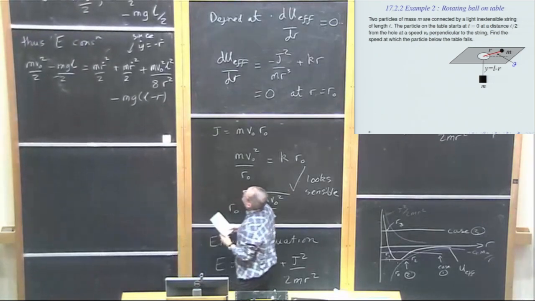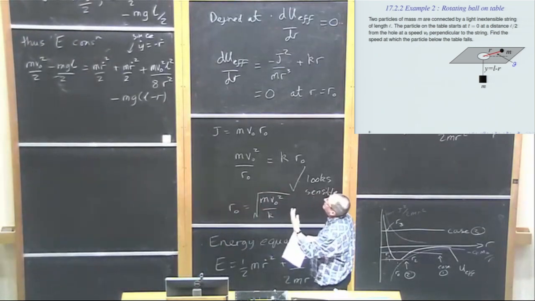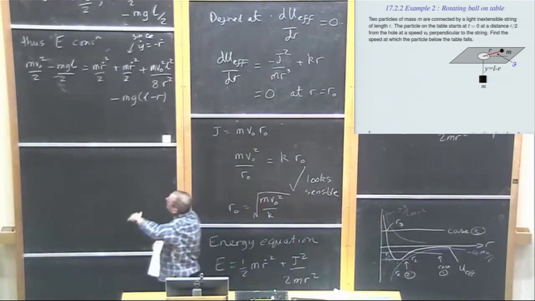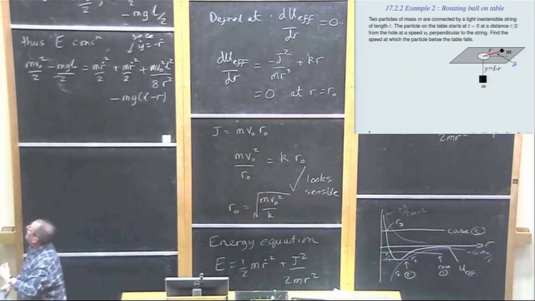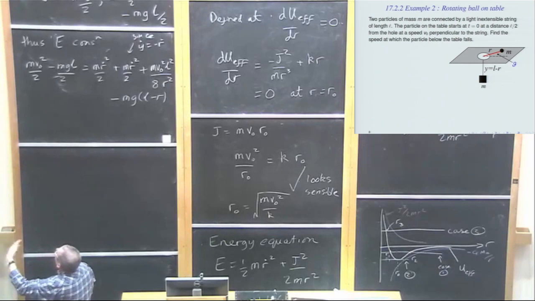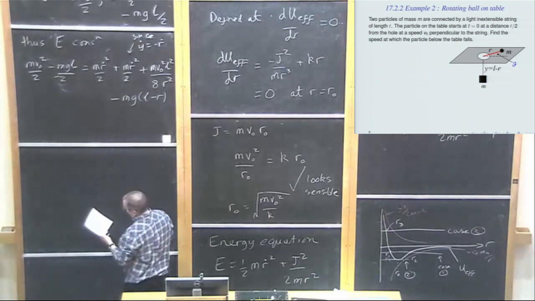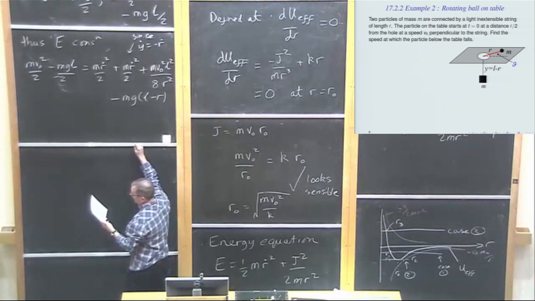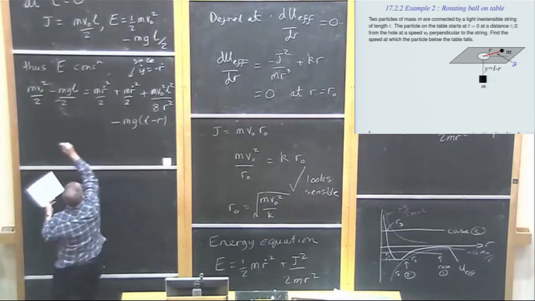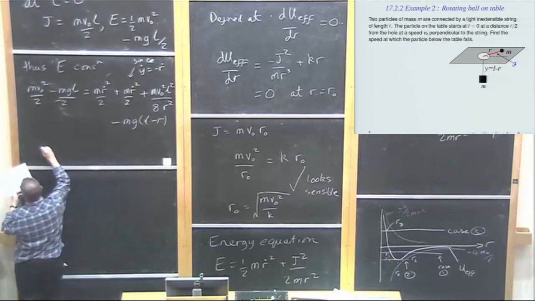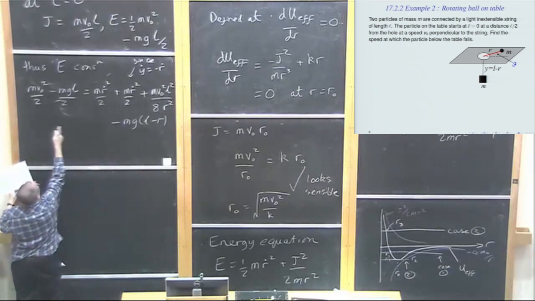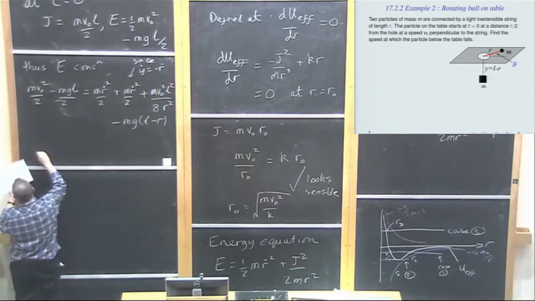Okay. So we're trying to find the speed at which the thing falls, that's y dot, but in magnitude it's the same as r dot. So we just need to rearrange and solve this for r dot. It's simple stuff, but let's just do this. Divide through by m, multiply through by 2.